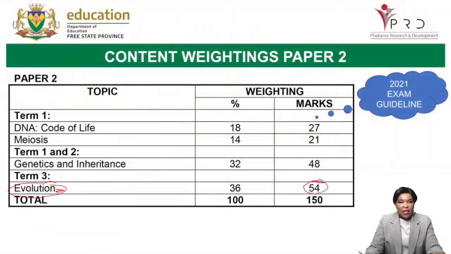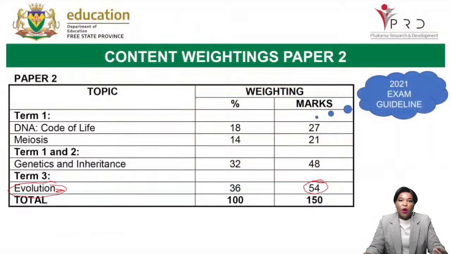And my plea to you is that at the end of this session, please make sure that you go to your question papers or your previous question papers. You check all the questions on evolution. While it is still fresh in your mind, attempt to answer questions on evolution only, just so you can see your progress, where you are going with this topic.